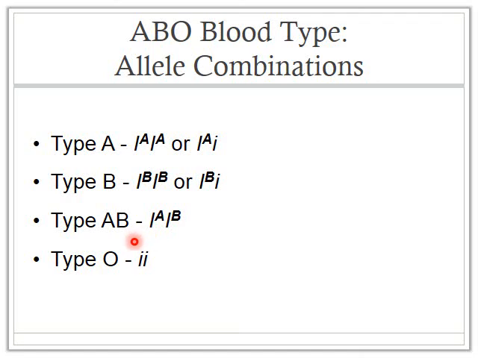To be type AB, you have to have both an A and a B present. It's the only way. To be type O, you have to be little i, little i, 2 recessives. That's the only way. And so hopefully this makes sense. Basically throwing in an additional allele here for a codominant situation.